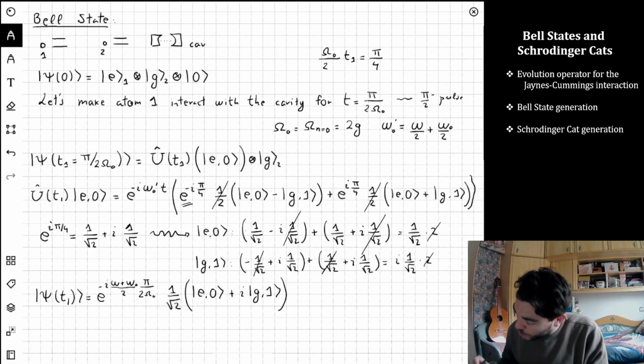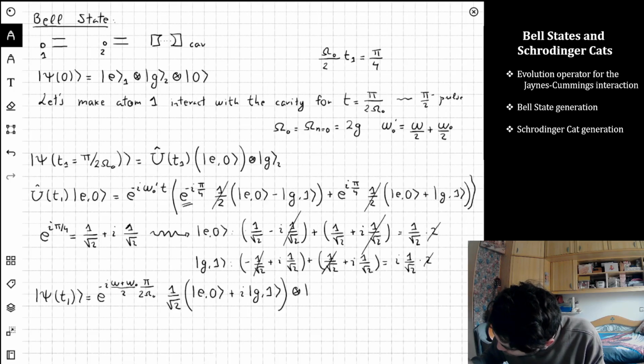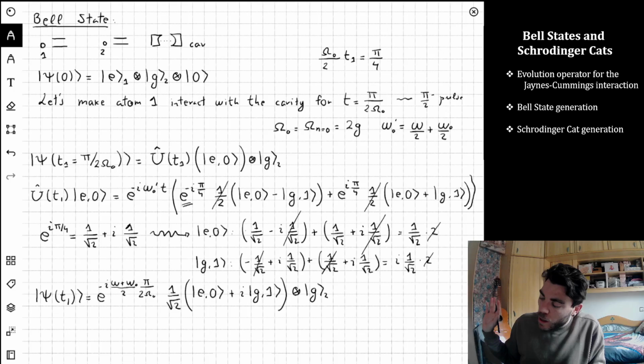This is the state that we just calculated, but then we multiply our product with the other atom, atom 2, that we didn't do anything to.